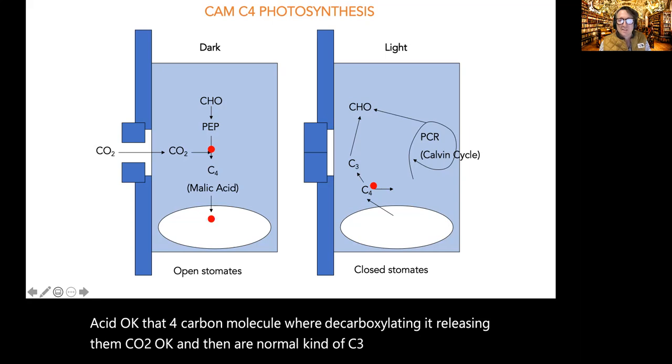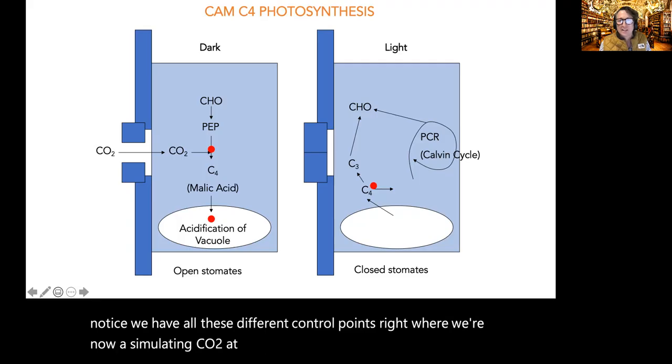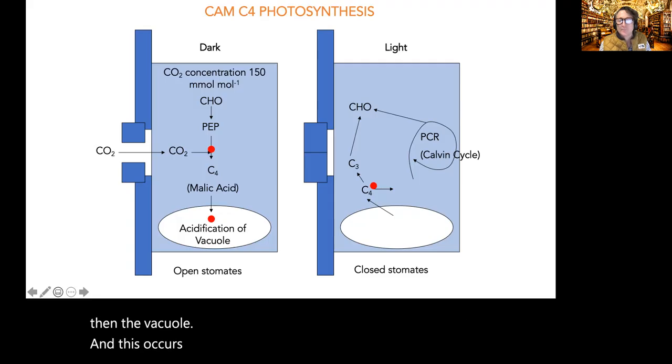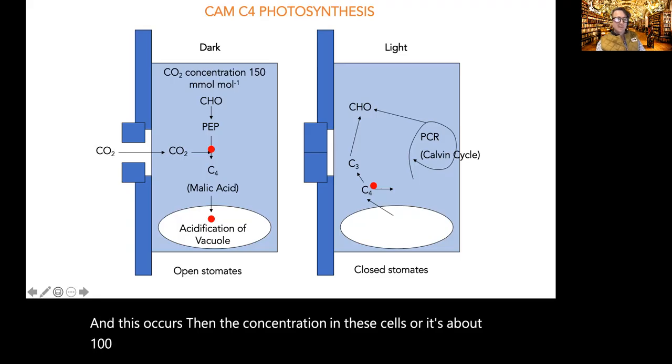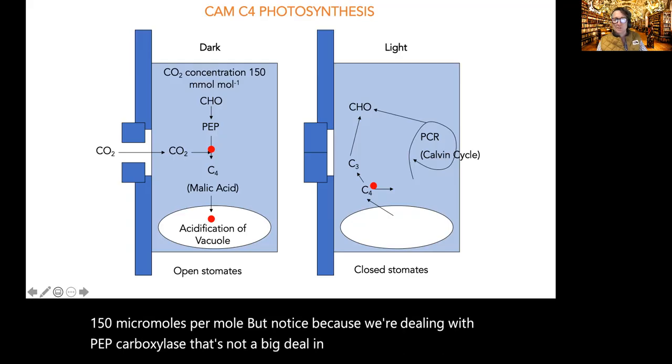So notice we have all these different control points, right? We're assimilating CO2 at night, okay, we're acidifying the vacuole, and this occurs at a concentration in these cells of about 150 micromoles per mole. But notice, because we're dealing with PEP carboxylase, that's not a big deal at those low CO2 concentrations.